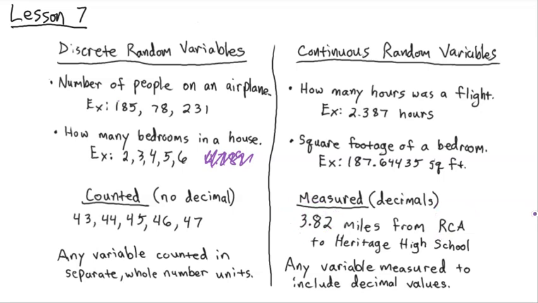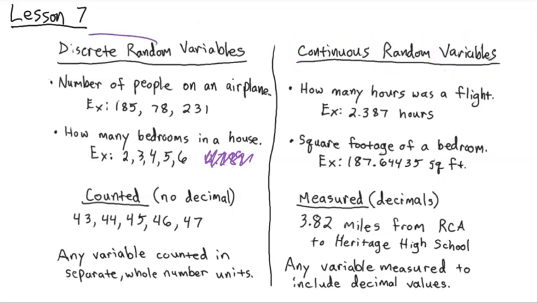That is a decimal measure, 3.82 miles. Okay, so basically any variable that is counted in separate whole number units is a discrete random variable. And any variable that can be measured to include decimal values, that is what we call a continuous random variable.